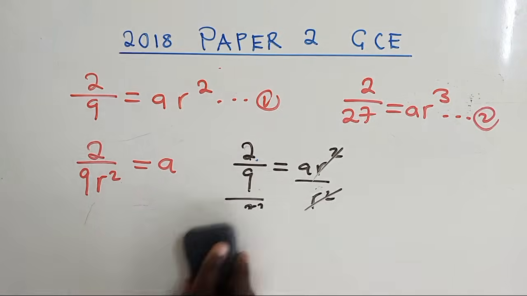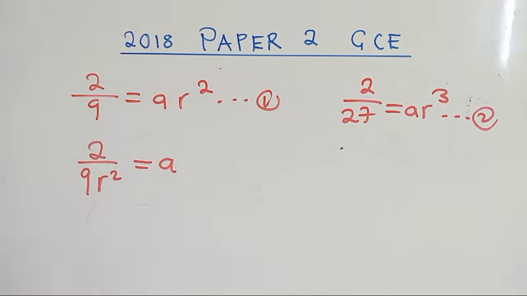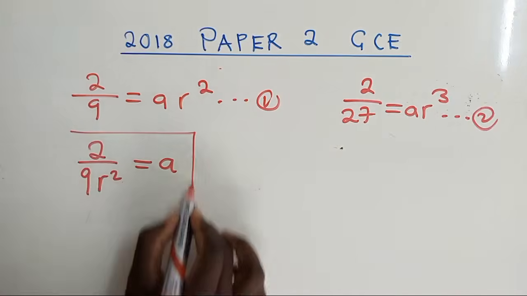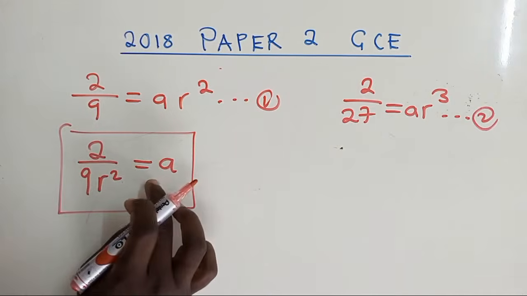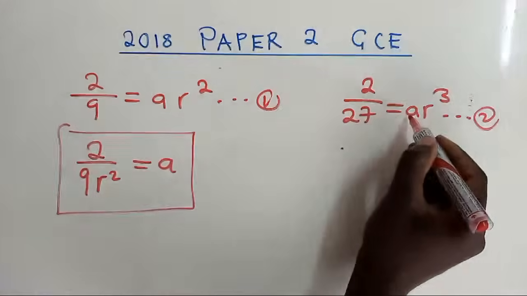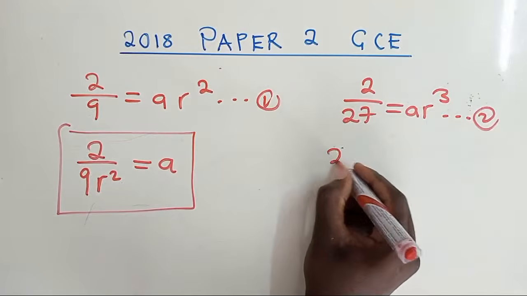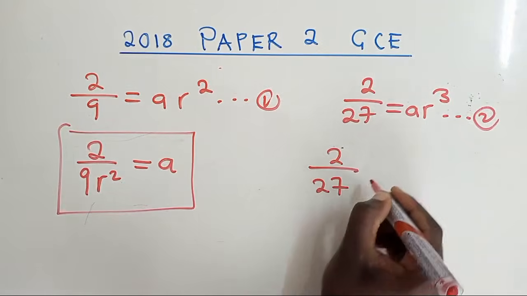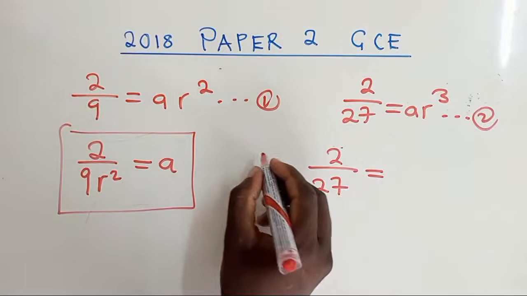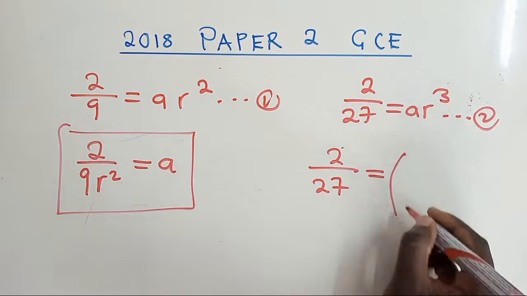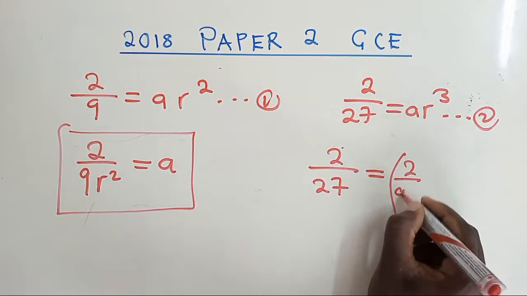I guess nobody's behind up to this stage. So now, after you've done this, get this and substitute it in the other equation. So it will be like this. In short, you are solving simultaneous equations by substitution method.